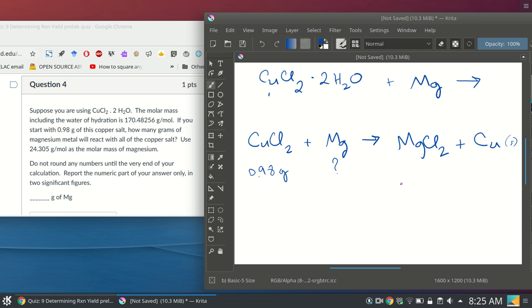Well, let's see. I'm starting with 0.98 grams of copper 2 chloride, but remember, I'm using the dihydrate form, the hydrate.